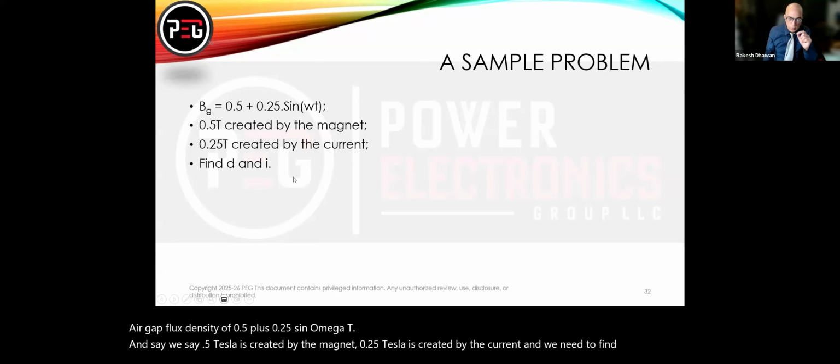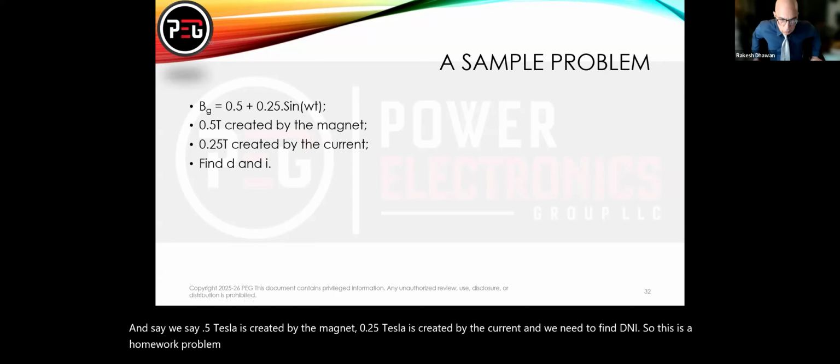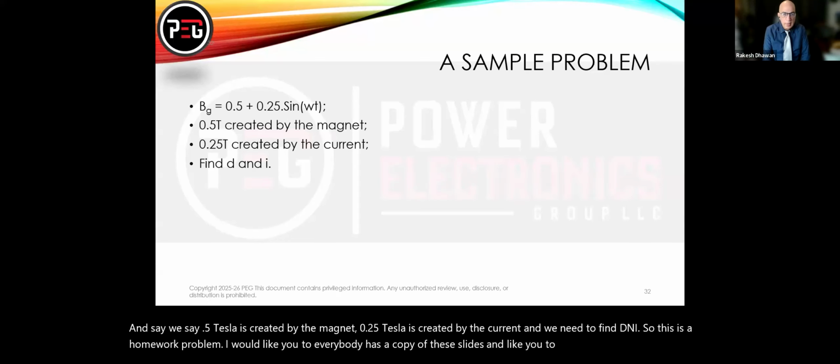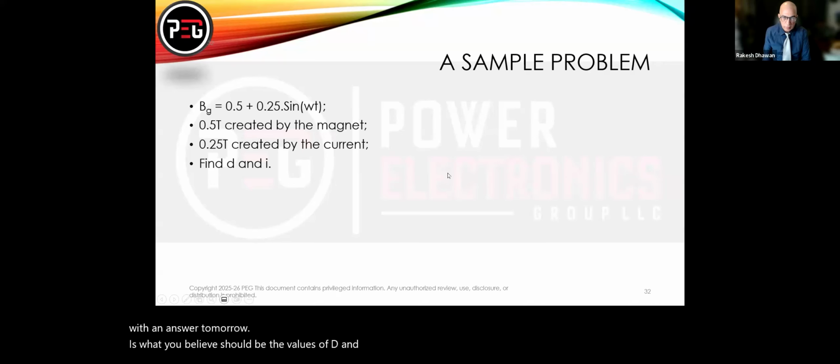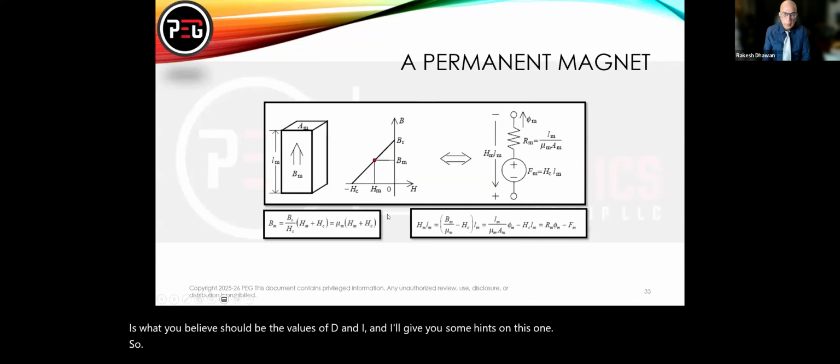So this is a homework problem. Everybody has a copy of these slides, and I'd like you to attempt it and perhaps come back with an answer tomorrow on what you believe should be the values of D and I. I'll give you some hints on this one. Here is a model for the magnet you want to think about. This is our magnet of length Lm, flux density Bm, and area Am.